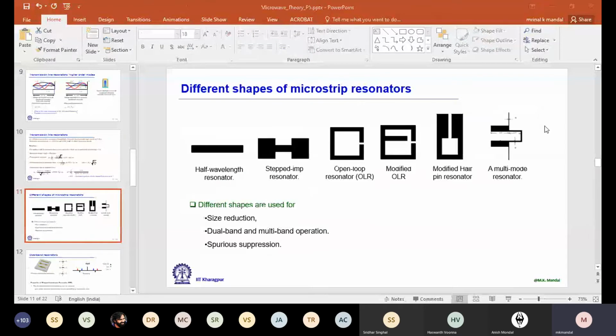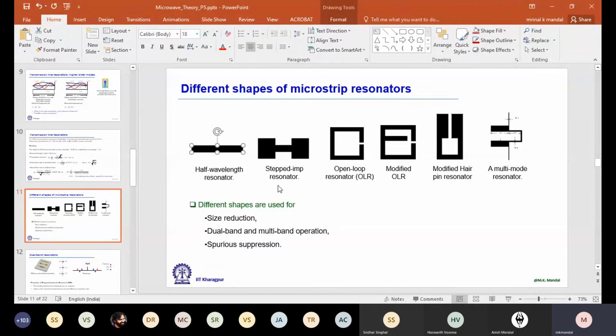I'm discussing mostly on microstrip. It is a popular guide in PCB technology. So some of the examples of different resonator sets for different purposes. A few of them I'm going to discuss, so you should have some idea what people are doing actually at millimeter frequency. Oh, sorry, for practical applications.